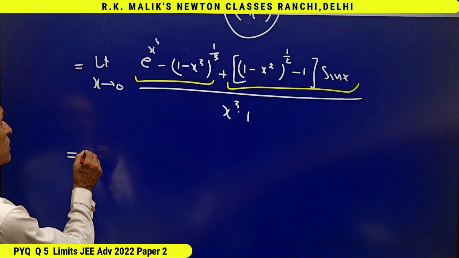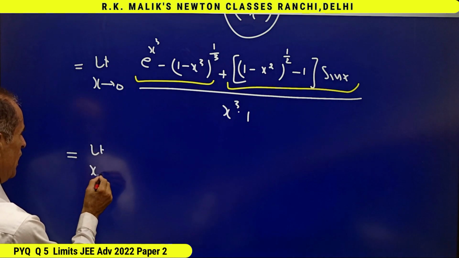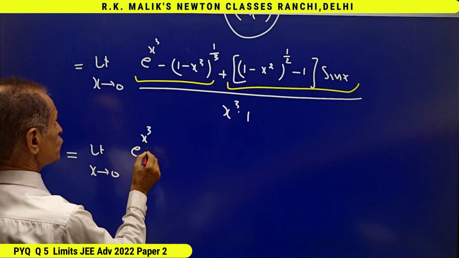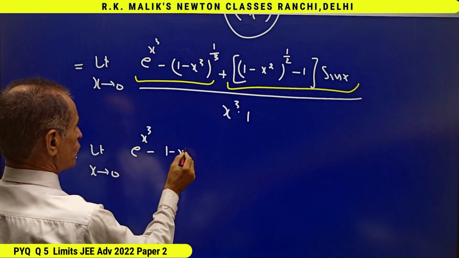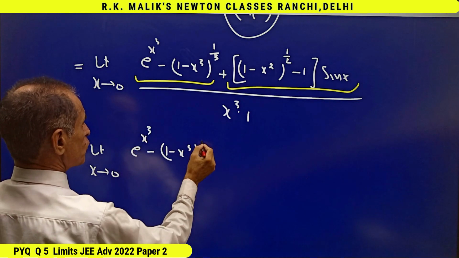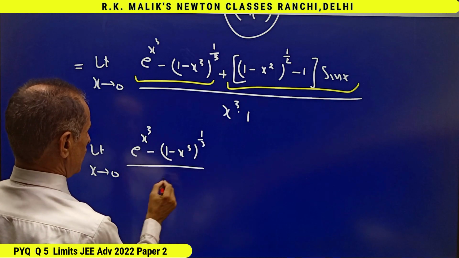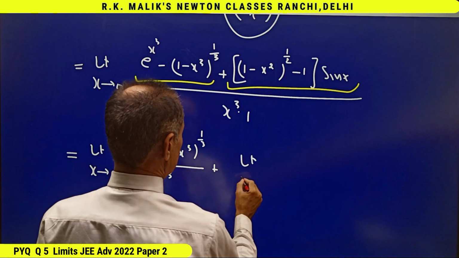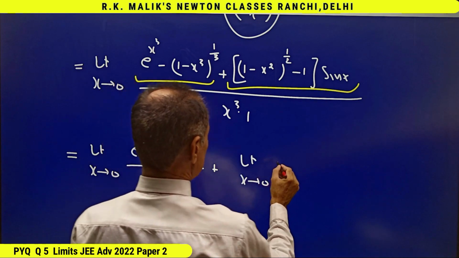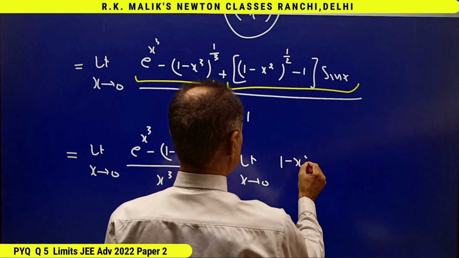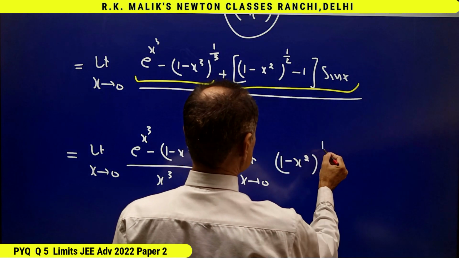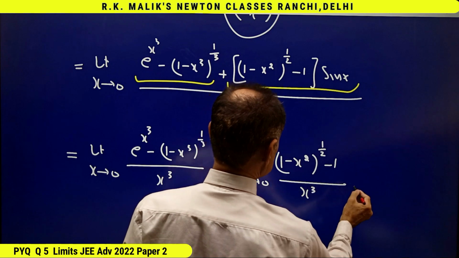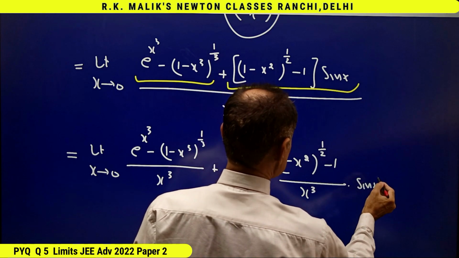That is, I will be writing limit x tends to 0 of (e to the power x cube minus (1 minus x cube) whole to the power 1 by 3) upon x cube plus limit x tends to 0 of ((1 minus x square) whole to the power 1 by 2 minus 1) upon x cube into sin x.